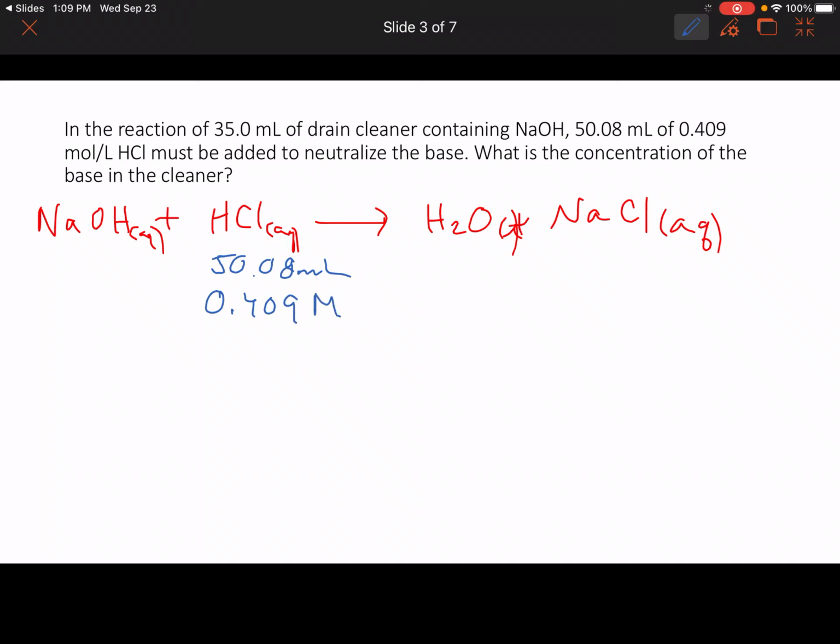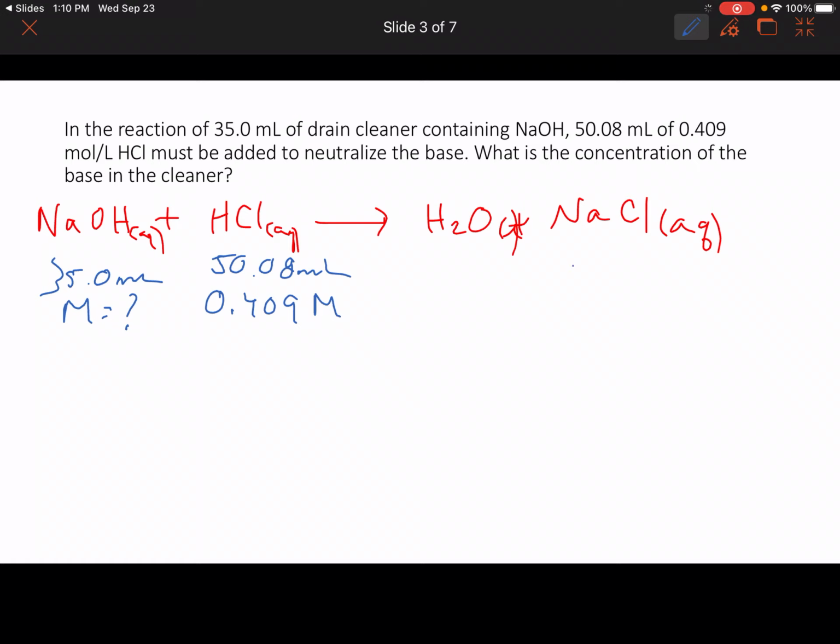That's going to be important information. And again, I know that I've got 35.0 milliliters of the NaOH. The question is asking, what is the concentration of the base in the cleaner? So M, question mark, is what I'm looking for here.